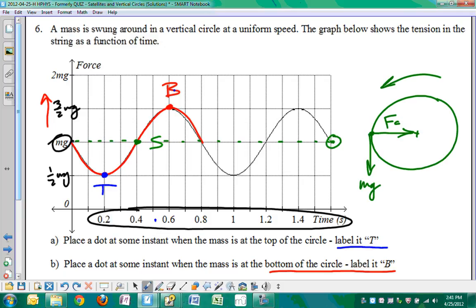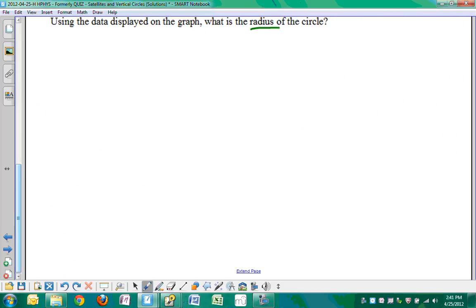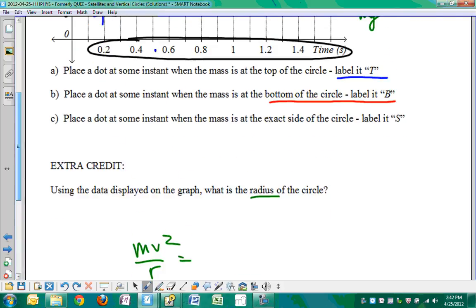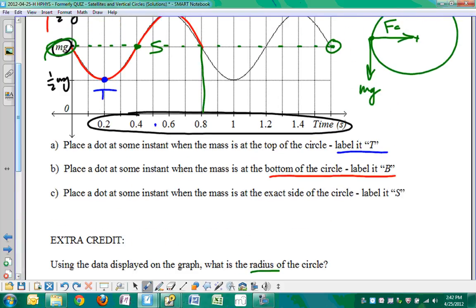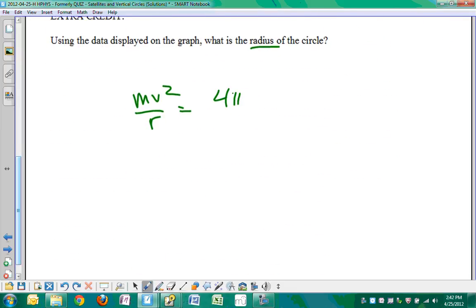If the centripetal force here is equal to mg as indicated on this graph, then we can say mv squared over r, or, given the period of revolution of 0.8 seconds, 4 pi squared r over T squared, is the centripetal force requirement. And where does it come from? It just comes from the tension when we're on the side.